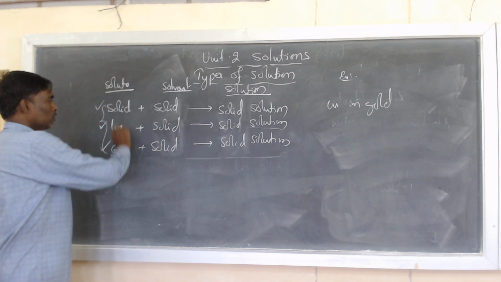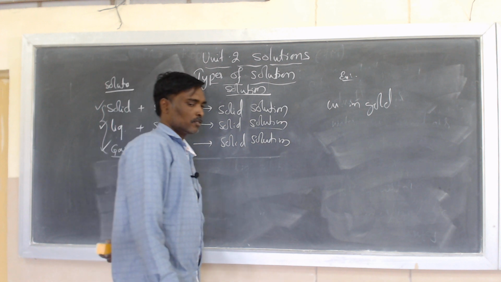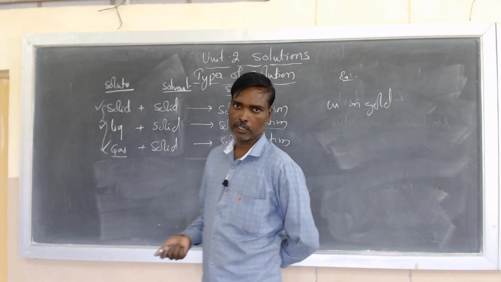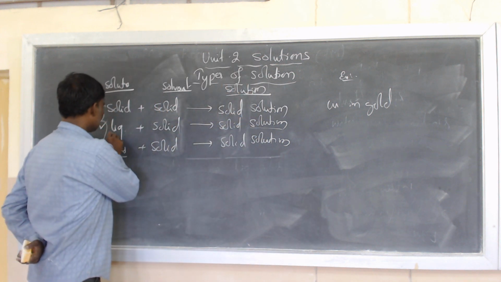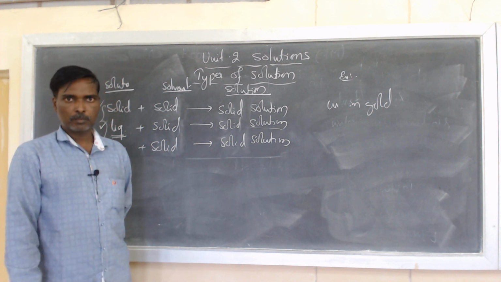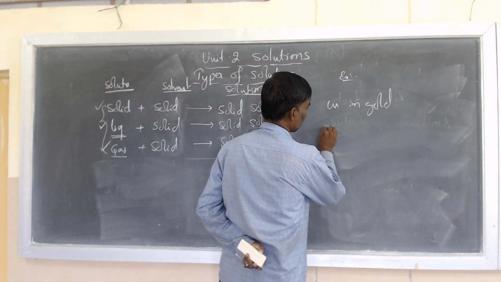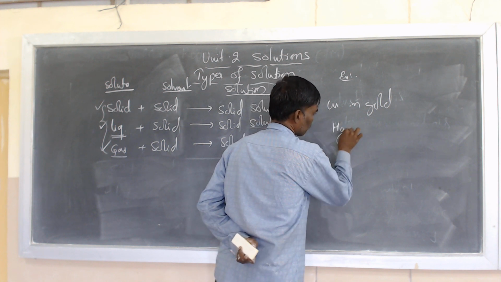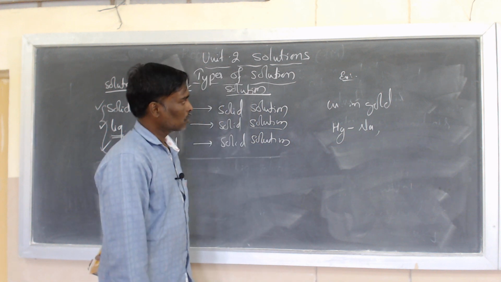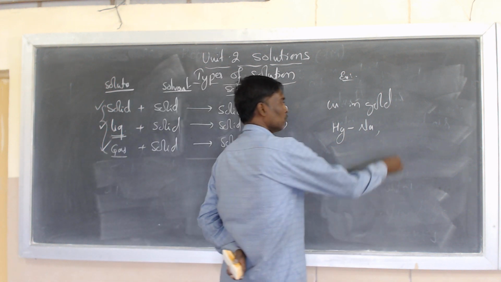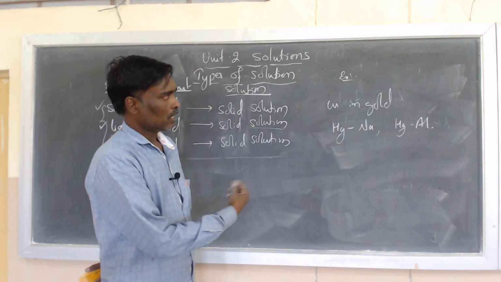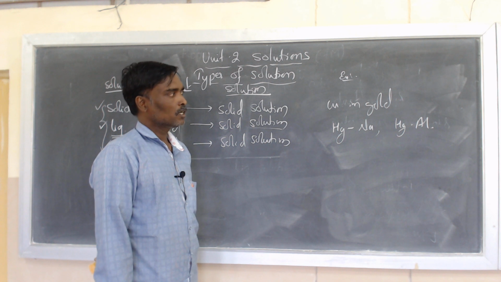And next is the second one, liquid in solid, where the solute is in liquid state and solvent is solid. The best example is amalgam, for example mercury with sodium, which forms sodium amalgam, or mercury with aluminium, which forms aluminium amalgam.